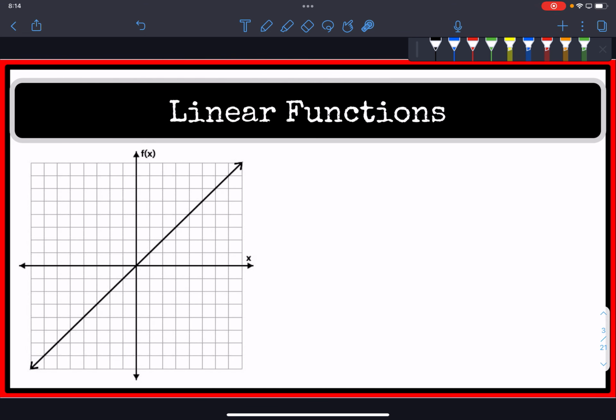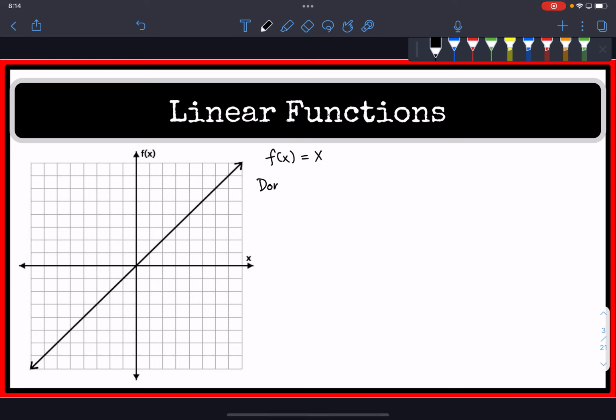The first one is referred to as a linear function, and the parent function for this is the notation y, which is the same thing as f of x. Let me use f of x instead. f of x is equal to x. This is the rule, our parent function.